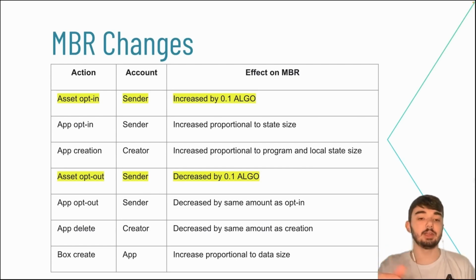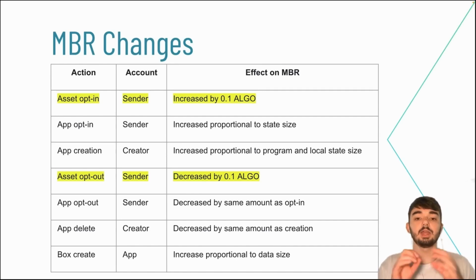So you can see here, this is a table of all the different things that can change the minimum balance requirement of an account. The two highlighted here are what's related to assets. So our asset opt-in means the sender has to increase their minimum balance requirement by 0.1 algo, but they can undo it and decrease it by 0.1 algo as well.